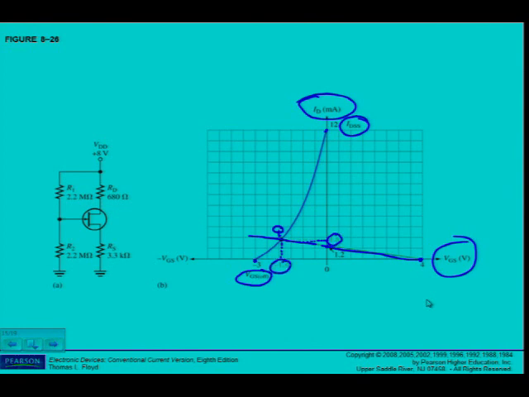And ladies and gentlemen, please make sure that you have a look at the scale that has been used. We can see in this case IDSS is 12 milliamps. So each block, if you go and count them, is going to be equal to 1 milliamp. But look at the voltage. Can you see VGS off is minus 3. So it's not one block that's been used.